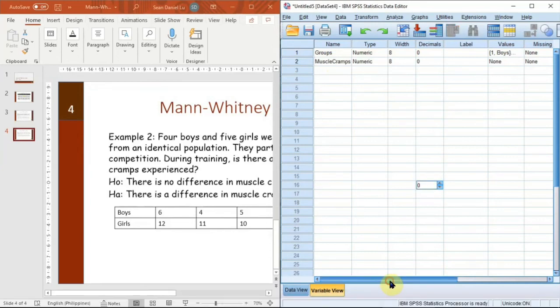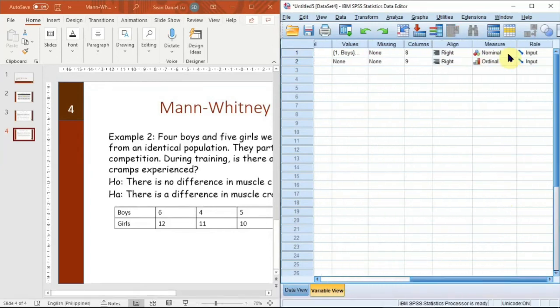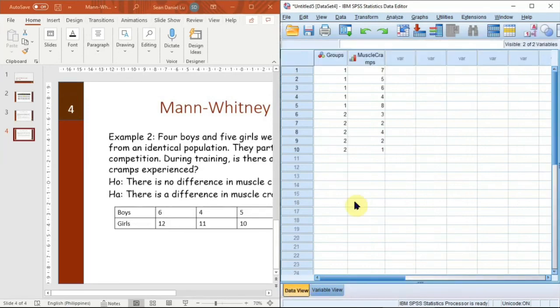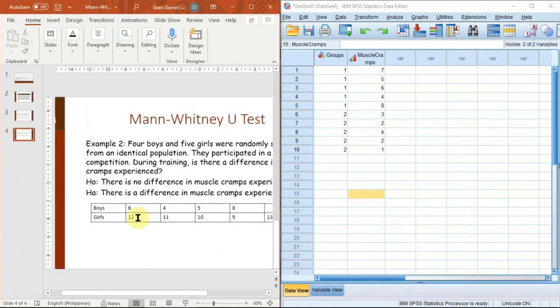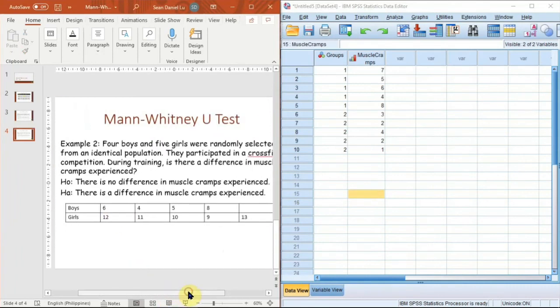I'll check the level of measurements. This would be nominal, this would be ordinal. Now let's input the data. In the table over here, there are only 4 boys, but there are 5 girls. Therefore, I'll only put 4 boys here and 5 girls.